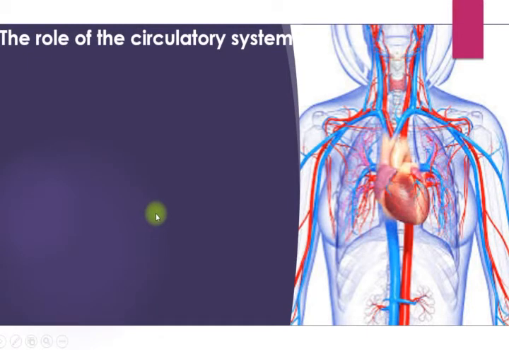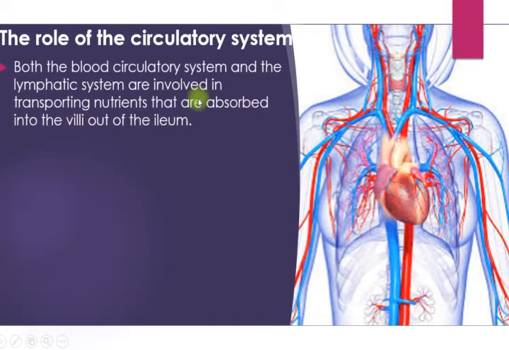Now we go to the role of the circulatory system. When we talk about the circulatory system, you have to know that the circulatory system consists of the heart, the blood vessels, and also the blood. So what are the roles of the blood circulatory system in assimilation?